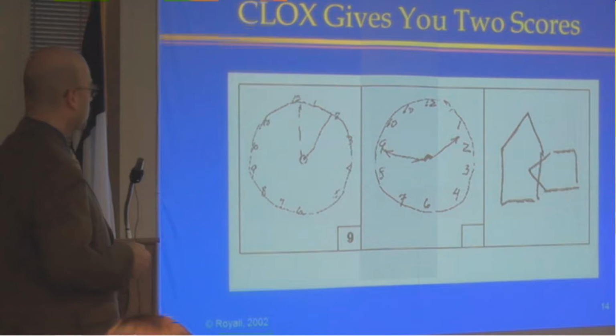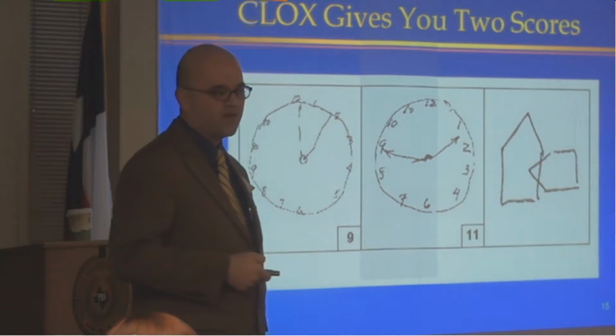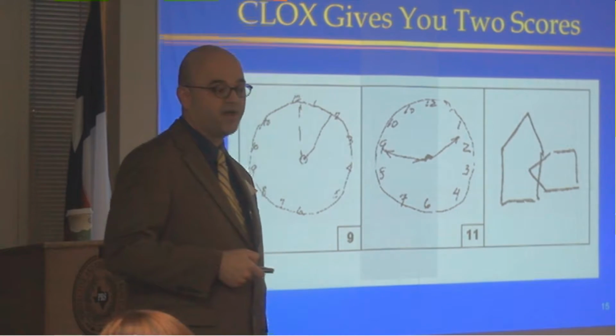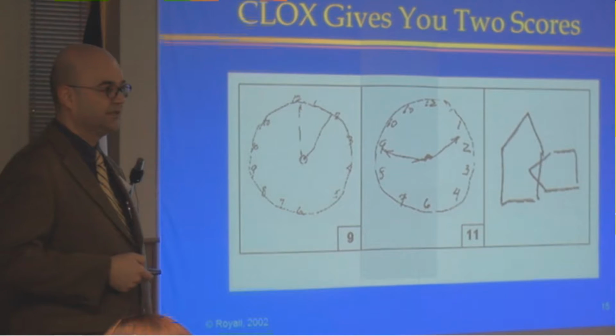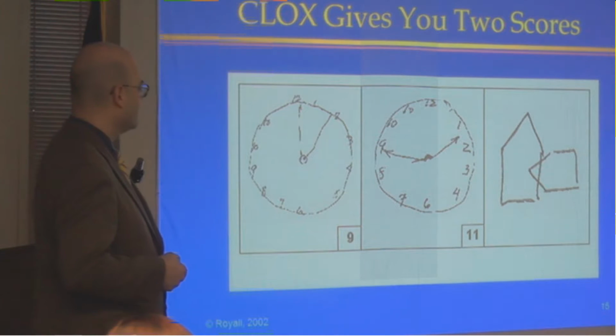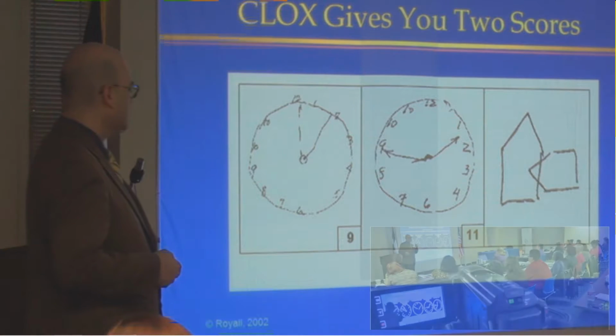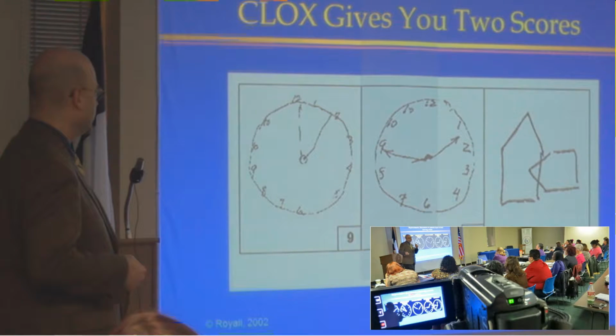Okay? For clocks 2, you have to score less than 12. Even sometimes 12 could be significant. So the cutoff score for clocks 2 is 12. Less than 12 is impaired. At 12, you get concerned about the patient.